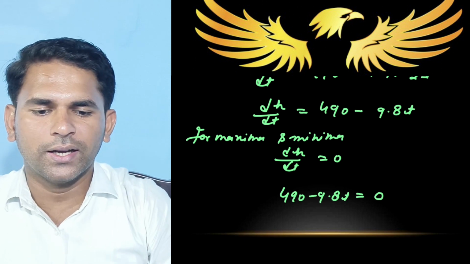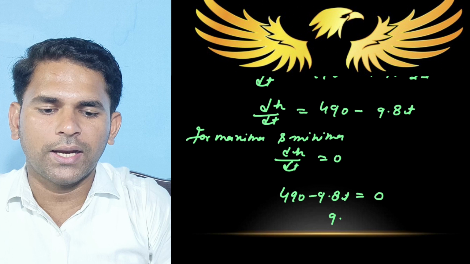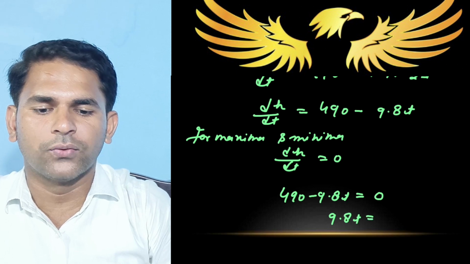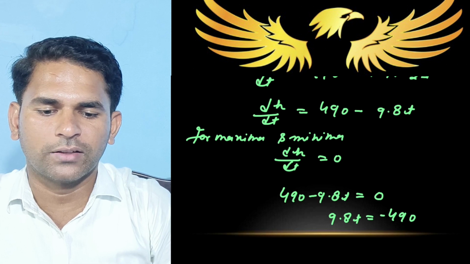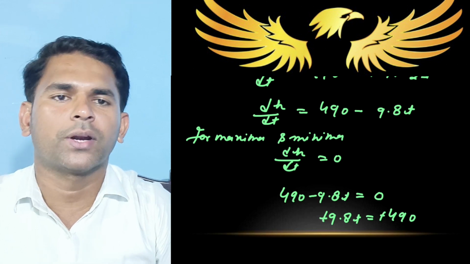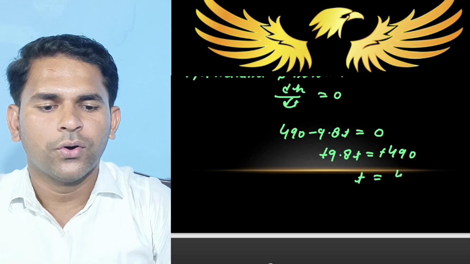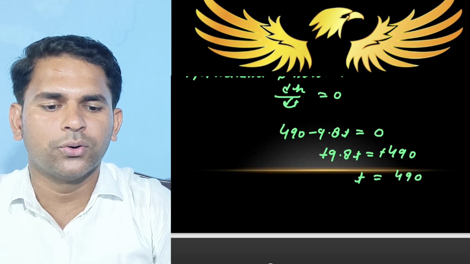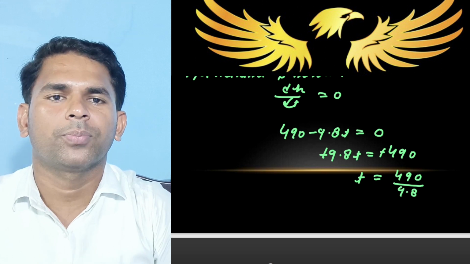So we can write 9.8t is equal to 490. The minus will come here also and here is also minus, so it will cancel. So finally t is equal to 490 divided by 9.8.